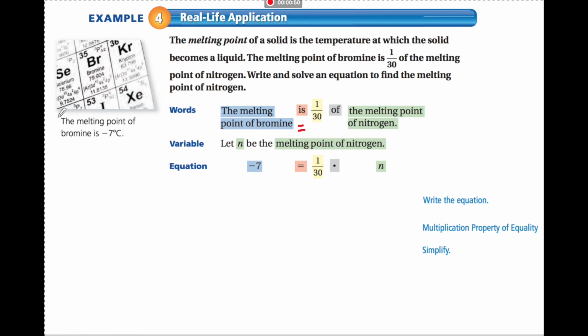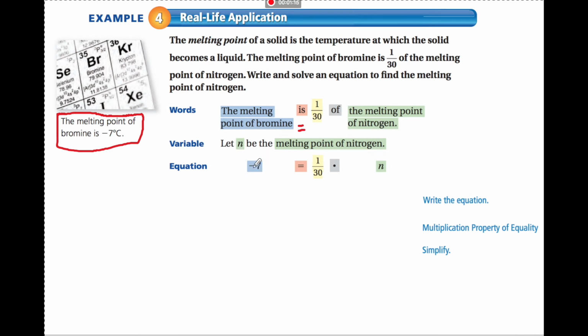Over here they told us that the melting point of bromine is -7 degrees Celsius. So the melting point of bromine is -7. Okay? We do not know the melting point of nitrogen, so we're going to have to substitute a variable in for that. So we're going to let N be the melting point of nitrogen.